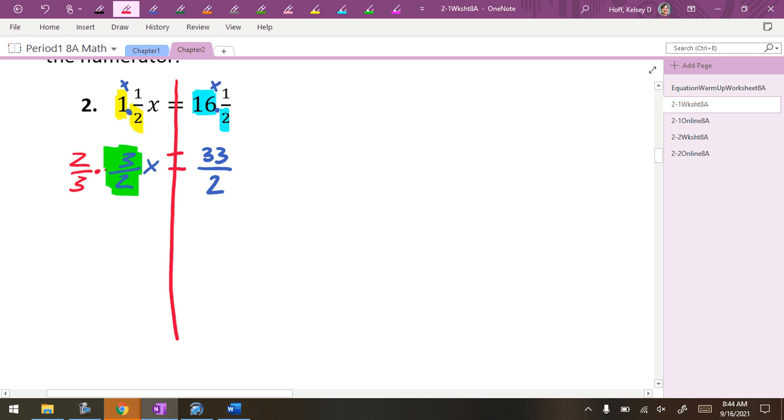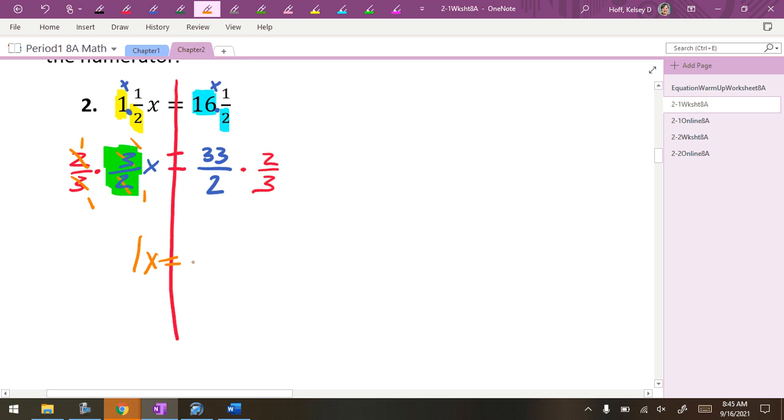Everyone, whatever I do to one side, I have to do to the other side. Miss Hoff takes the side with the letter because she likes to get cross-happy. 2's cross out and become 1's. 3's cross out and become 1's. I'm left with 1x.